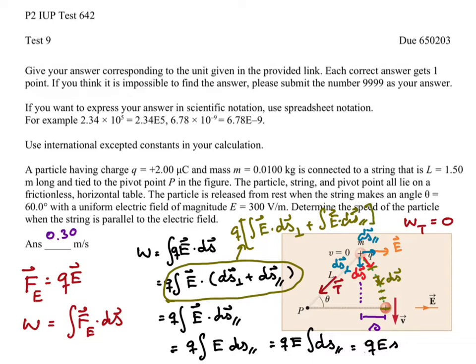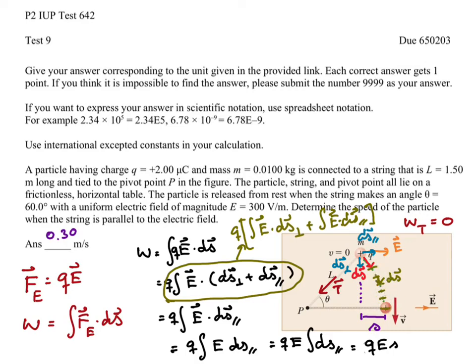Again, since this ds perpendicular is perpendicular to E, the dot product will always equal 0. This is the same reason that the work done by the tension is equal to 0, because the tension is perpendicular to the path of the motion of the particle all the time.